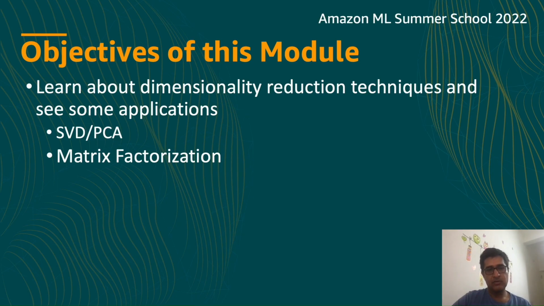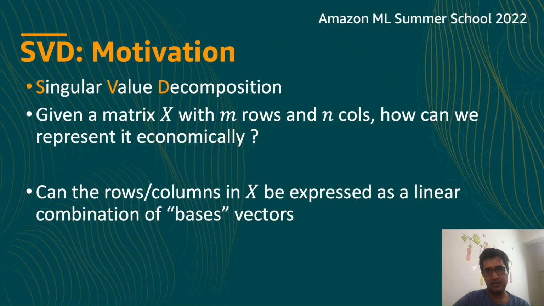Okay, so coming on to singular value decomposition, that's our first deep-dive topic in this particular subsection. In singular value decomposition, the question that you are asking is, given a matrix X which has m rows and n columns, can we represent it more economically?